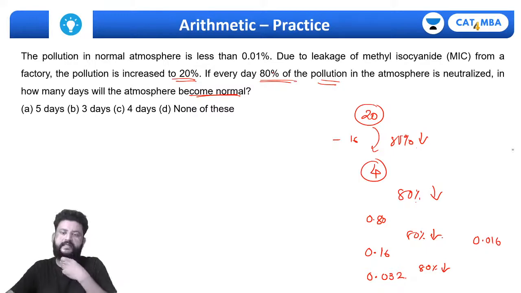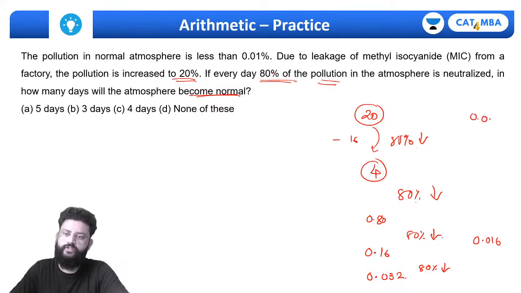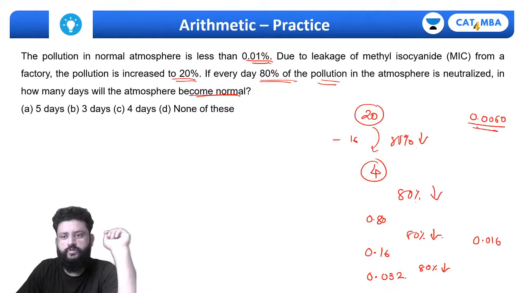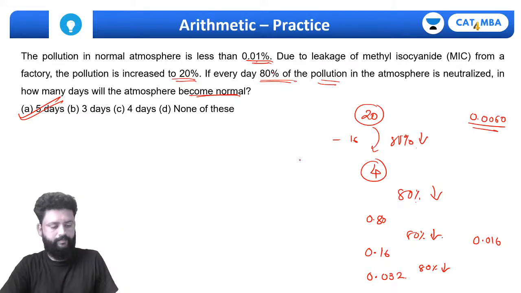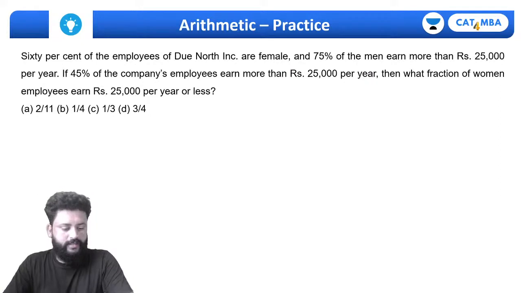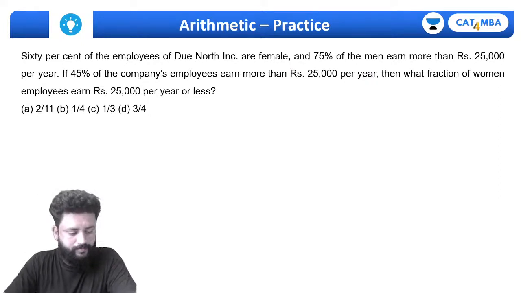Then after that, it will be 0.0032. That is 10%, so it will be 0.0064. Just less than this, right? We want 0.01, so after 5 days. Let's go for the next try for this.